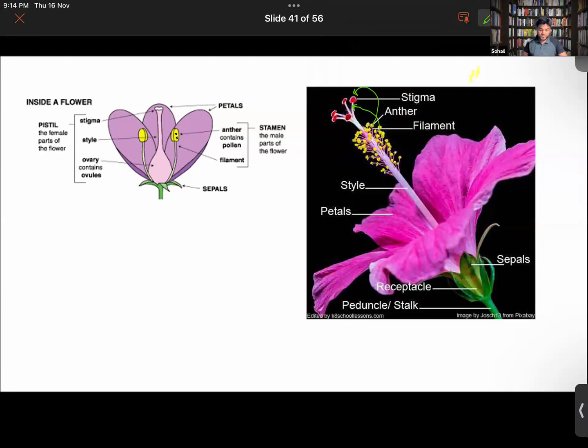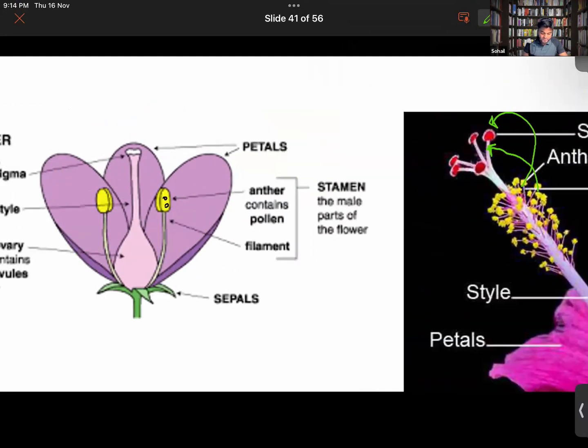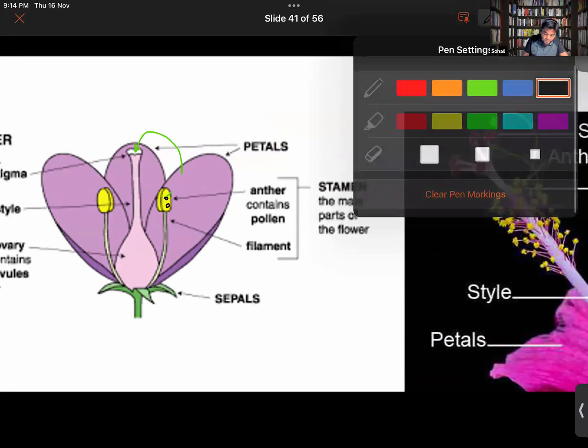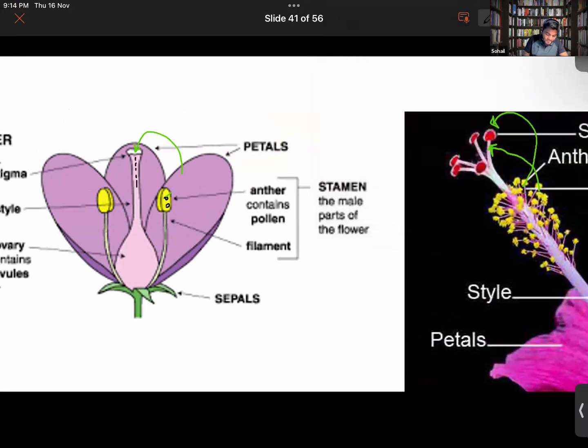Getting it now? So the pollen grains which came from the anther and landed on the stigma will go slowly inside the ovary, and then there it will fertilize it. So fertilization takes place, and you see, the flower turns into a fruit after some time.